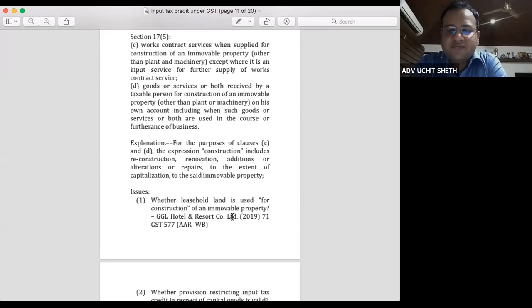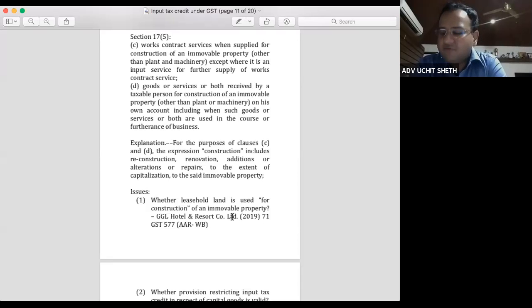The question here was if I have paid leasehold land premium, whether I am entitled to input tax credit or not. The West Bengal authority takes a view that leasehold land is used as the base for construction of the factory, and therefore the tax paid on the leasehold premium is for construction of an immovable property, and therefore no input tax credit is admissible. According to me, this is an incorrect ruling.